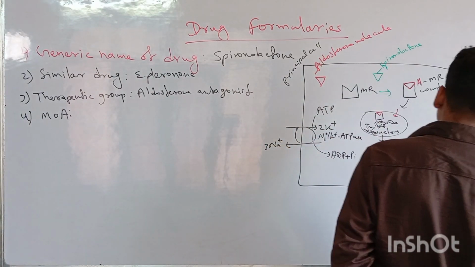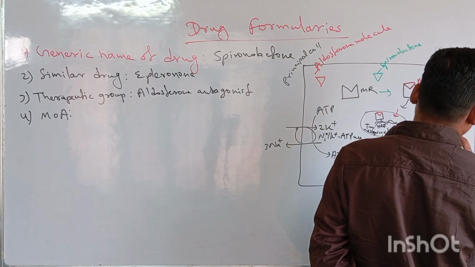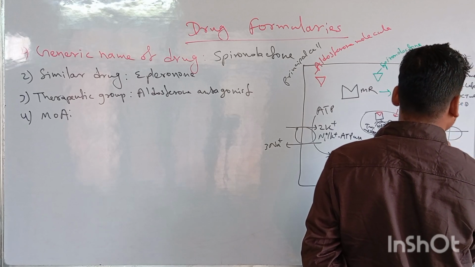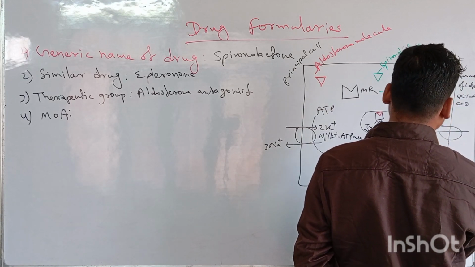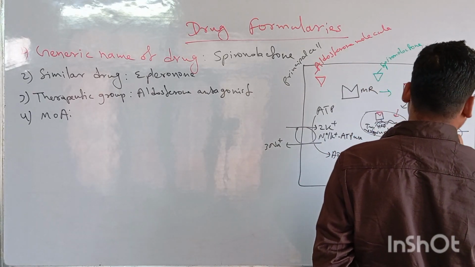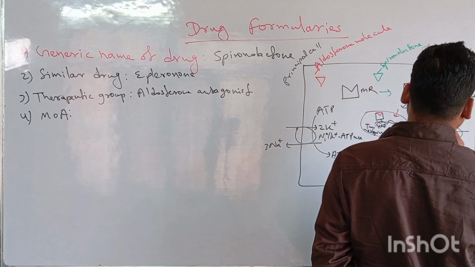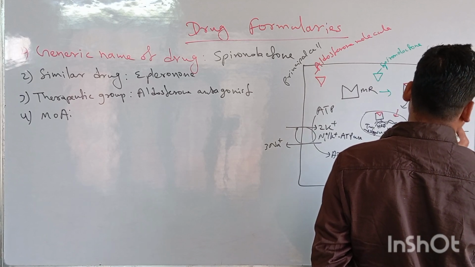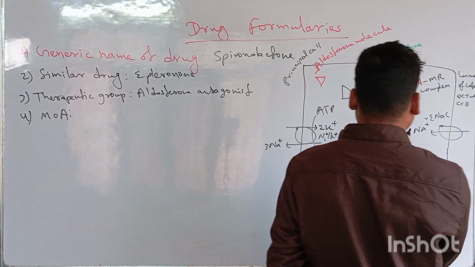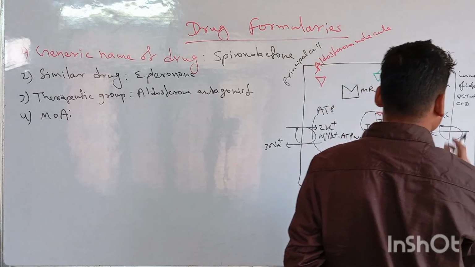Here will be the inactive sodium channel that will draw the sodium inside by a facilitated mechanism. So this is the renal epithelial sodium channel, the inactive channel. This AIP will also induce this channel.